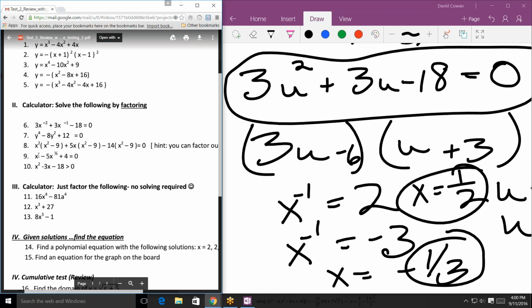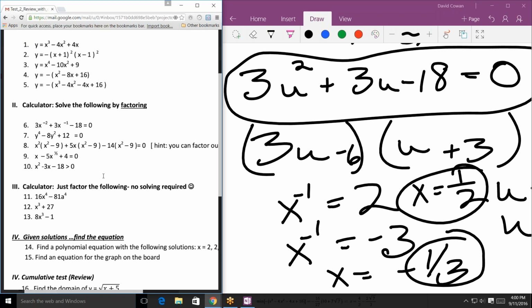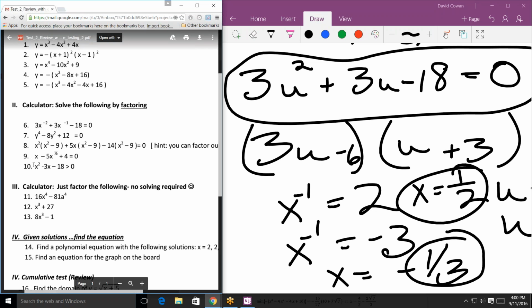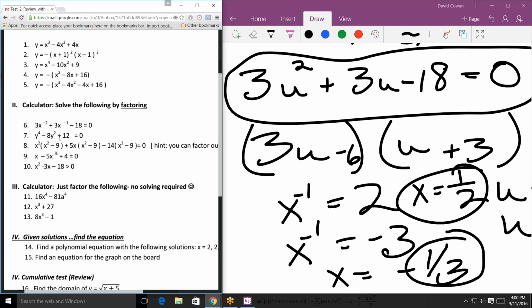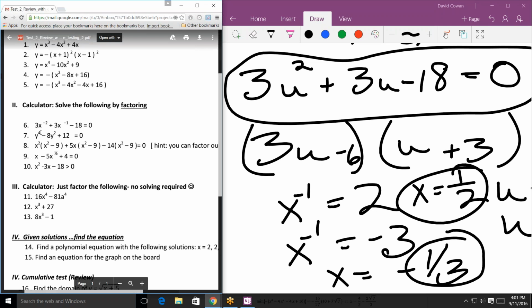As long as x to the 1 is the square of x to the 1/2, then you have a quadratic in disguise. A quadratic is always where the first term is the square of the middle term. Same with 7. The square of y squared is y to the 4th. So that is a quadratic in disguise.